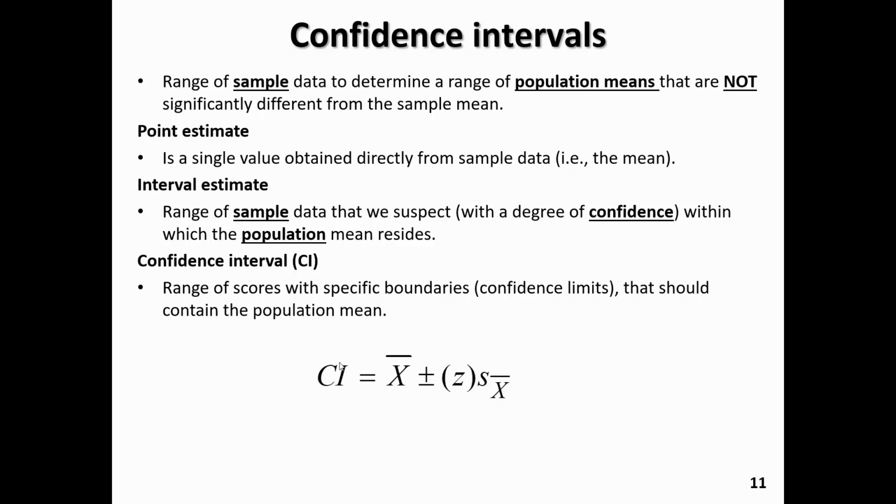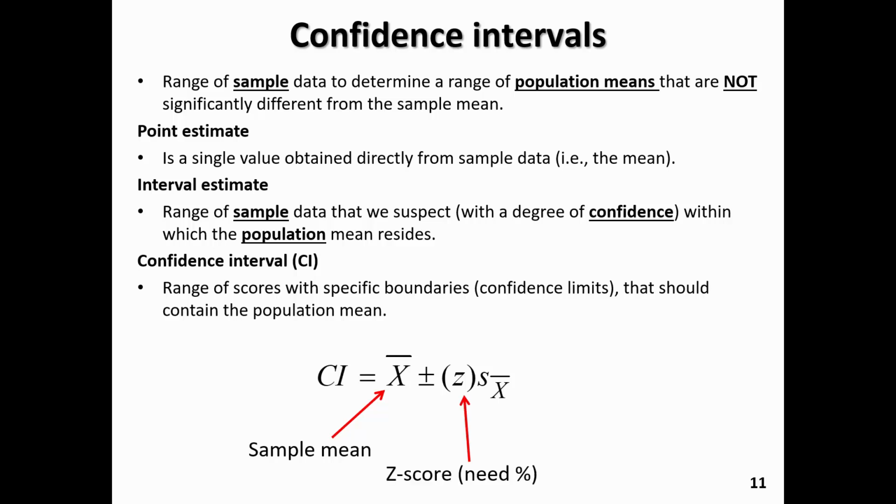The way we do that is we calculate what's summarized as CI, the confidence interval, and that's equal to the sample mean, so X bar is the sample mean, and we add and subtract, so plus minus, the product of a particular Z value that corresponds to what's called a confidence level and the standard error of the mean. Once again, this is our sample mean.